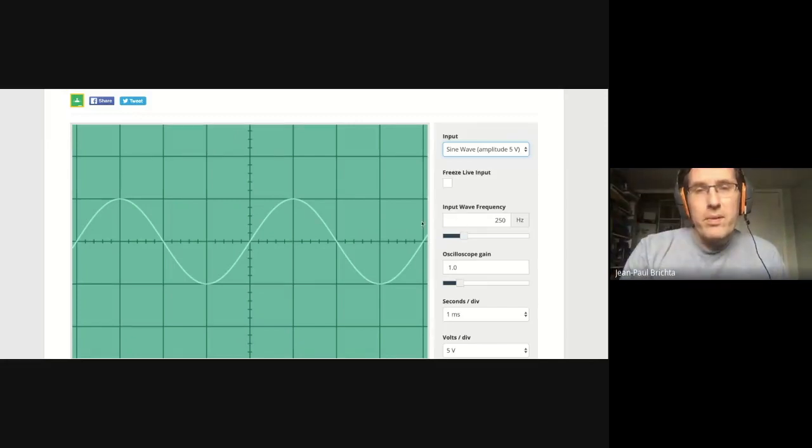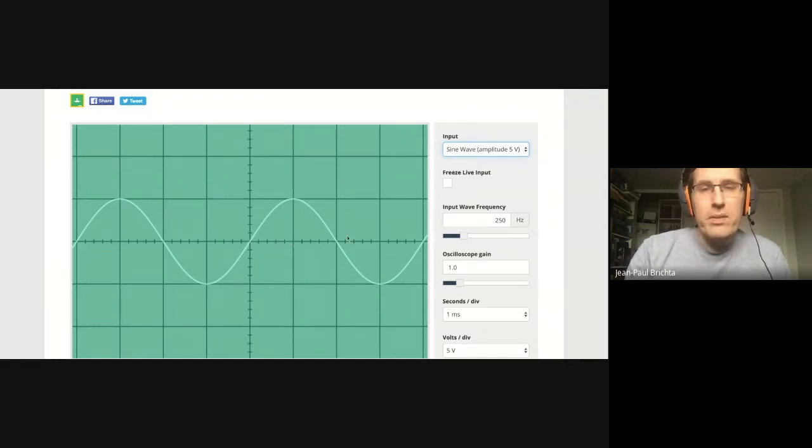And how that works is, we need to basically count how many of these large boxes, well, I guess we can do the smaller division as well, but in this case, all we need to do is count how many of the large boxes make up one period, because again, we're talking time here, one period of the wave. So I'm going to start on the axis, right at 0, 0 basically, and I'm going to count.